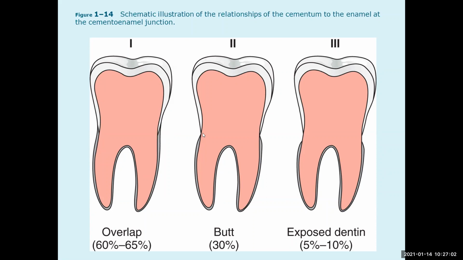About 30%, they meet. And in about 5 to 10%, there is a little bit of space. So this patient here is going to be much more sensitive than this patient over here.